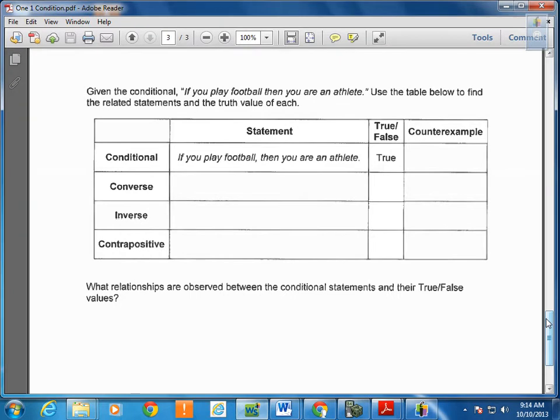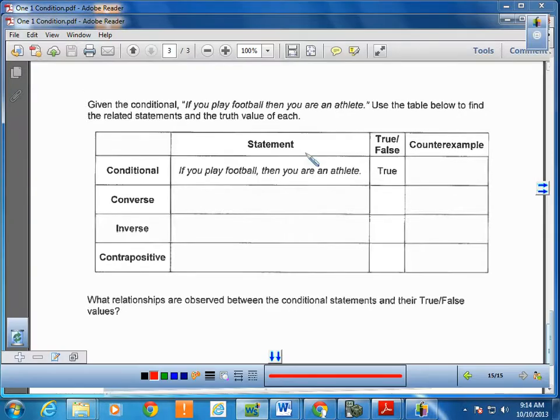Given the conditional statement, if you play football, then you are an athlete. Use the table below to find the related statements and the truth value of each. So your conditional statement is, if you play football, then you are an athlete. If it's true, you do not need a counterexample. You only need counterexamples when it's false. The converse of that, if you are an athlete, then you play football.